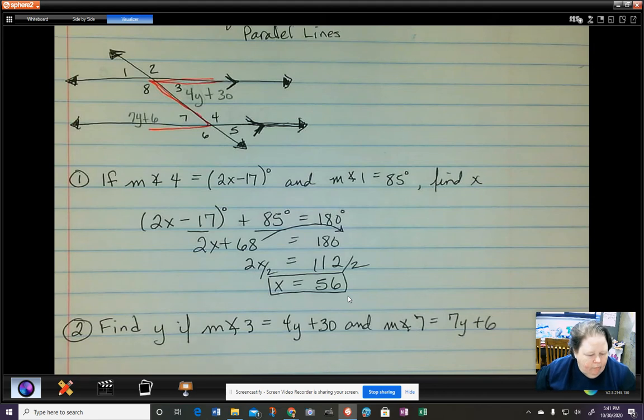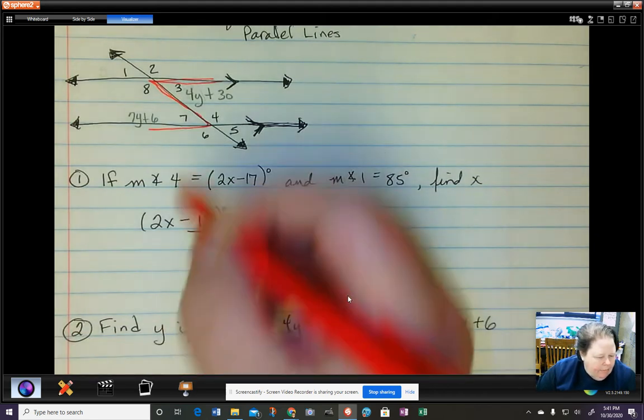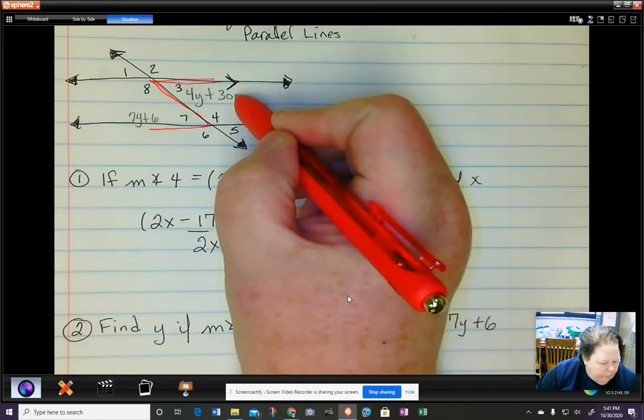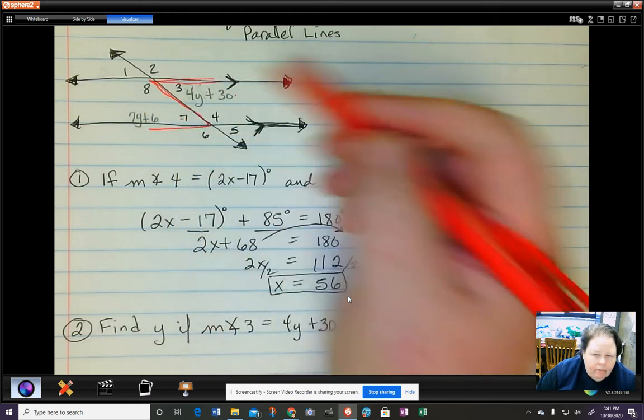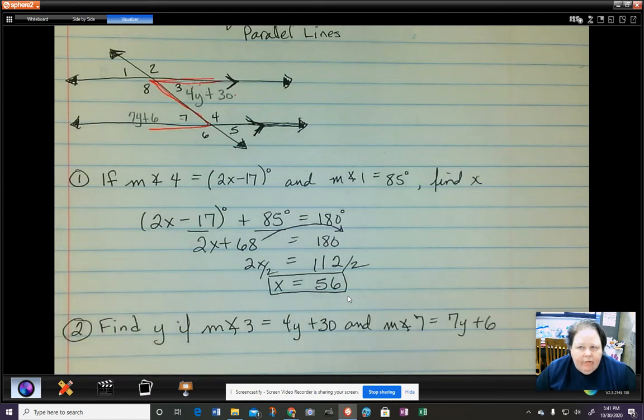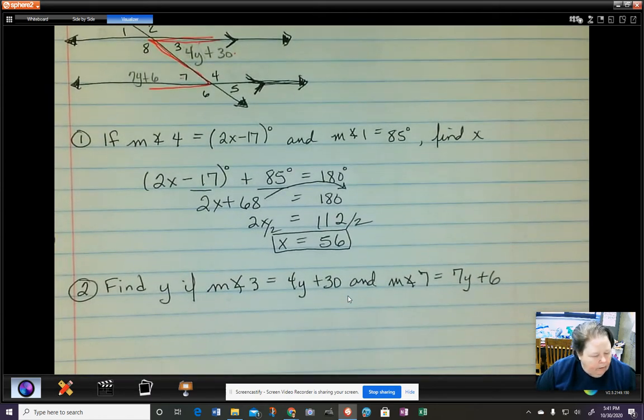So if I look for the Z, I see that 4y plus 30 and 7y plus 6 are inside the Z, so that means that they are congruent. Well, it means that they're equal.